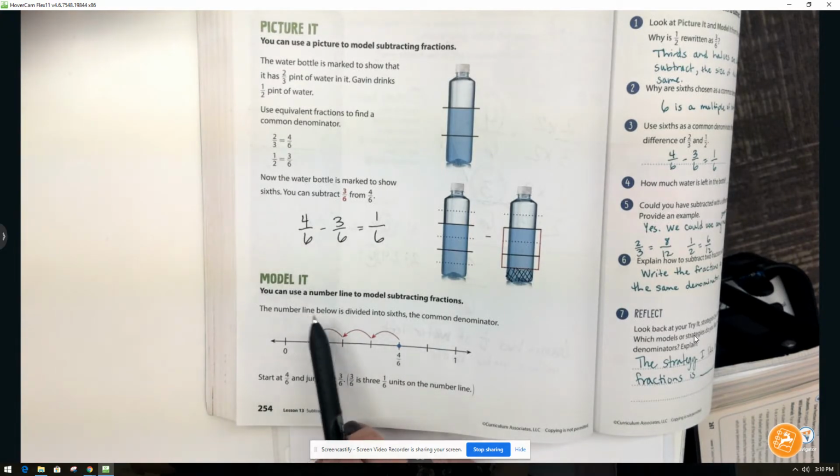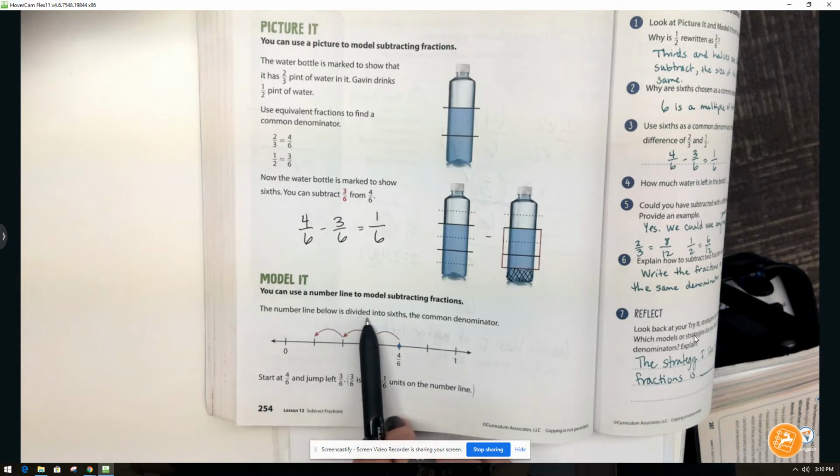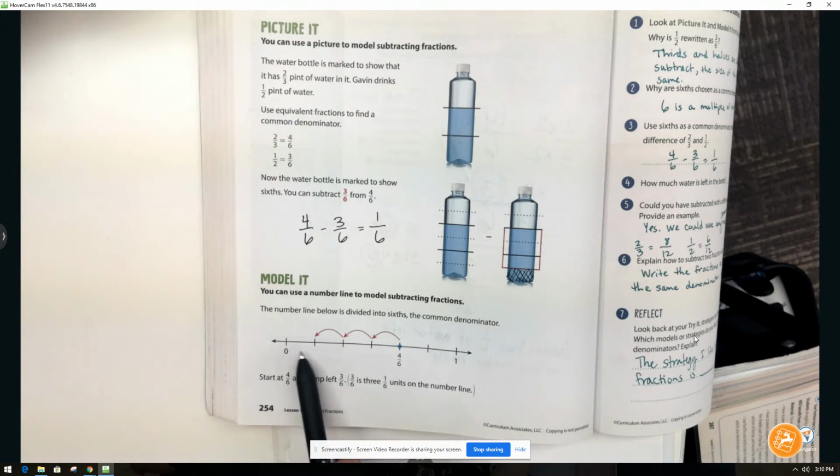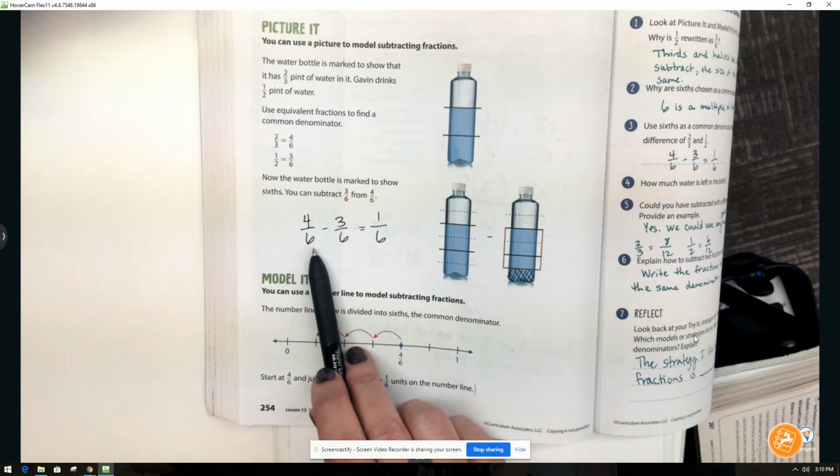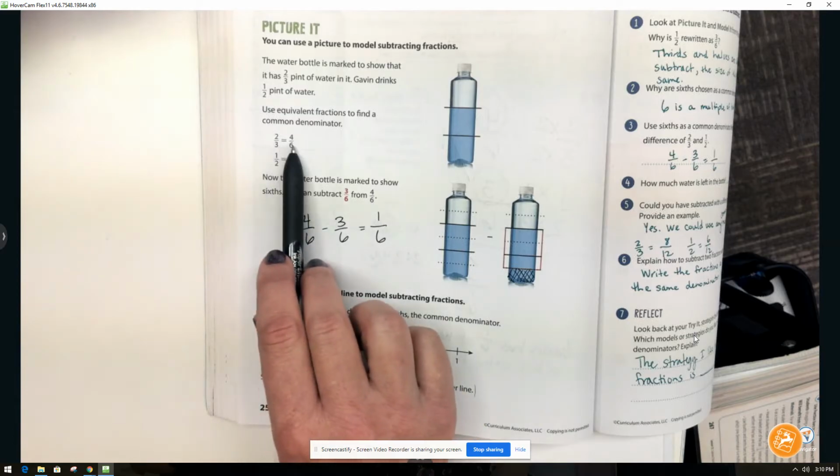Now we could use a number line to do the same thing. The number line below is divided into 6 because that was our common denominator. So this would be 1/6, 2/6, 3/6, 4/6, 5/6, and then 6/6 would be the same as 1. Now we know that we start at 4/6 because we made that equivalent fraction up here.